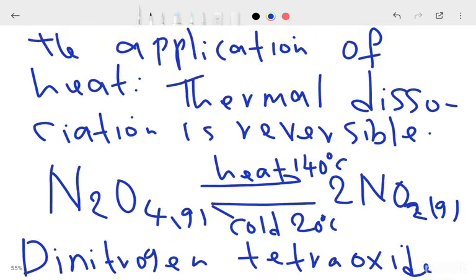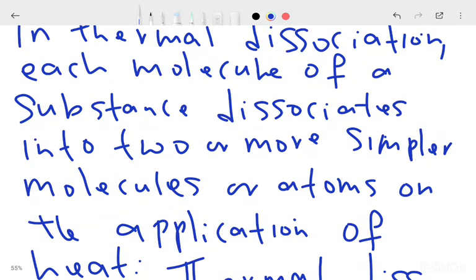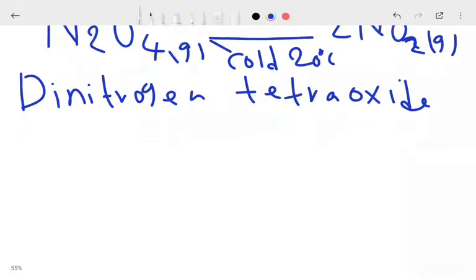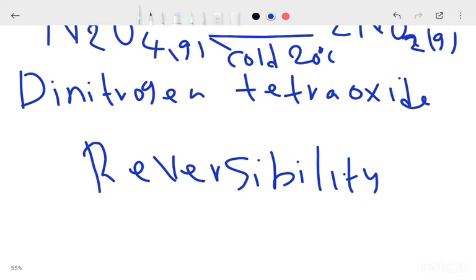Thermal dissociation. Now, one main difference between thermal dissociation and thermal decomposition, if you still remember, the main difference is the reversibility.